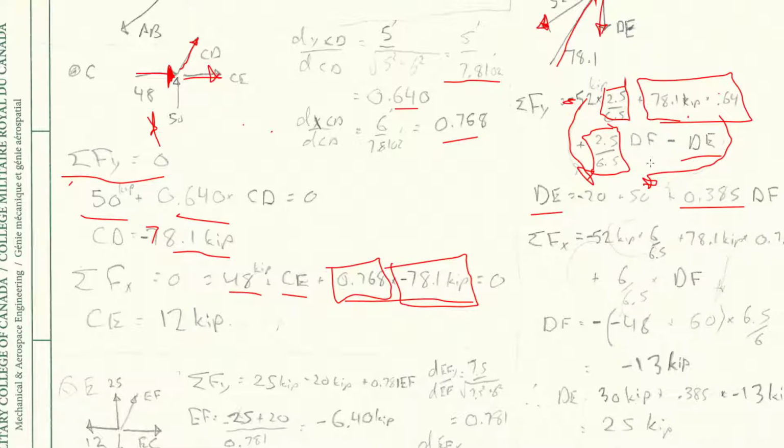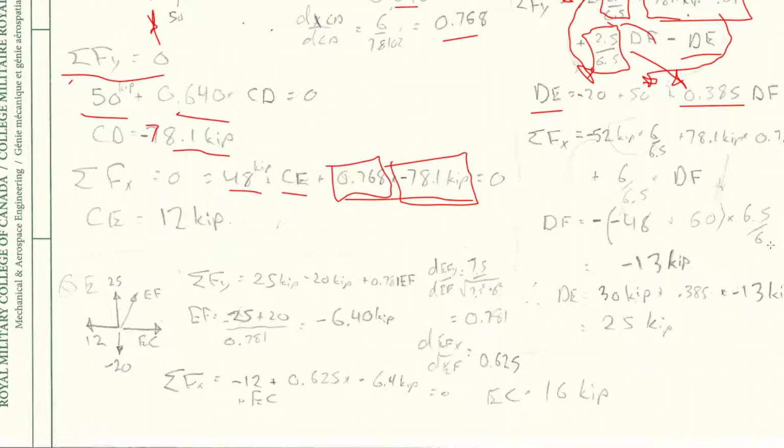This ends up being 0.385 DF. So in total, it'll be 30 kip plus 0.385 DF. And we got that. So we can't solve that quite yet, but we can go a bit further.